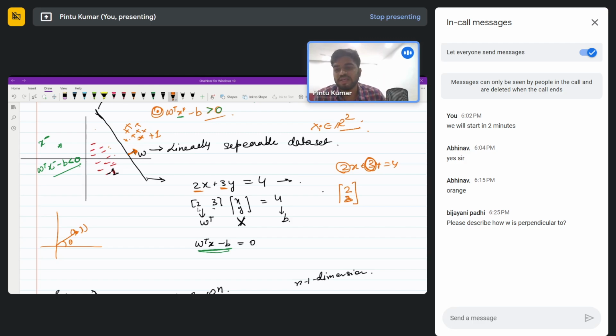So when I say that I draw a line perpendicular to this, and that perpendicular line is my W, that means the angle at which this line is drawn is the same as if I would have drawn 2, 3 starting from the origin. So this means the angle is the same as the vector 2, 3.